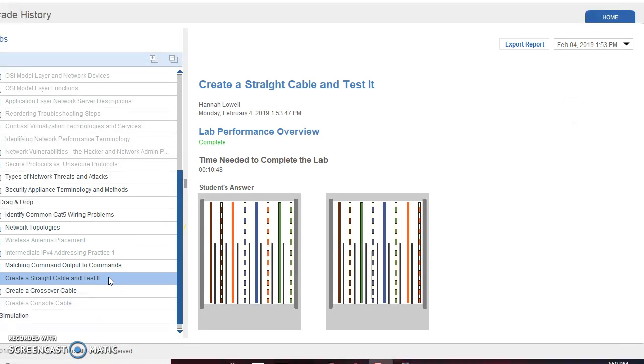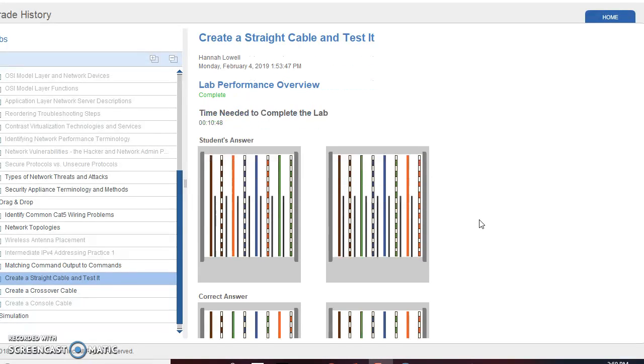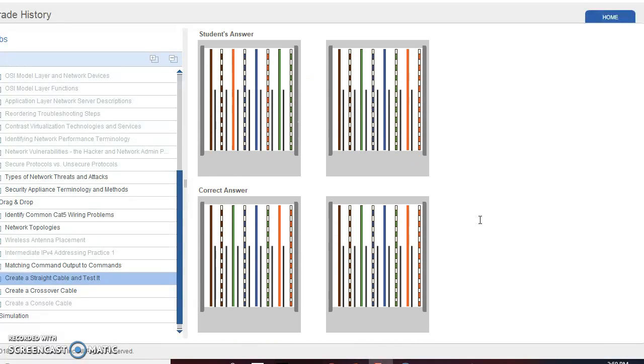Next, we have the lab to create a straight cable and test it. Cables are used to connect devices to each other.